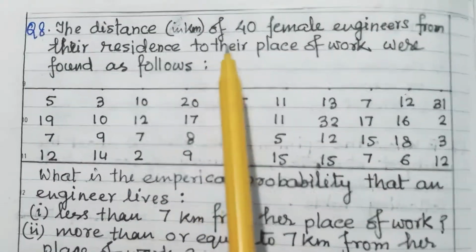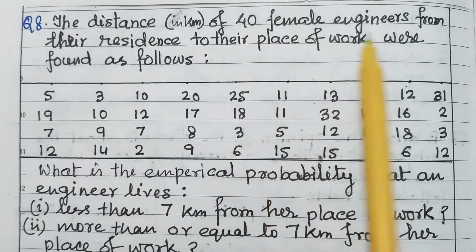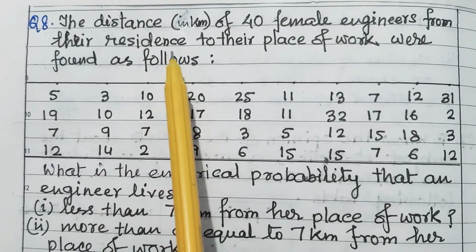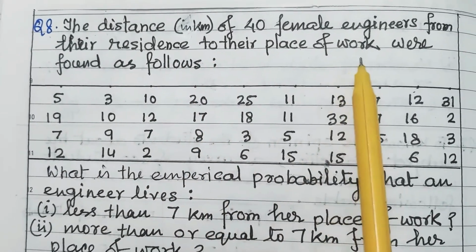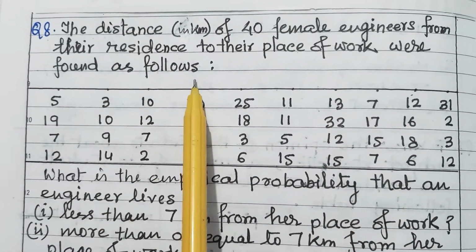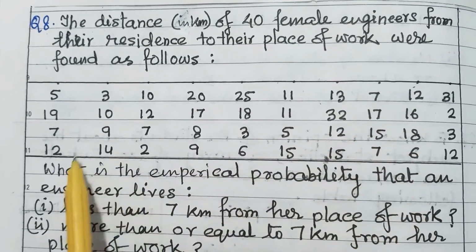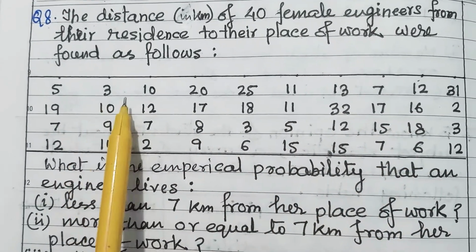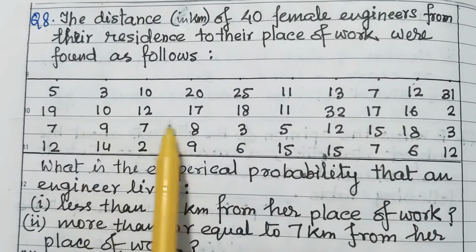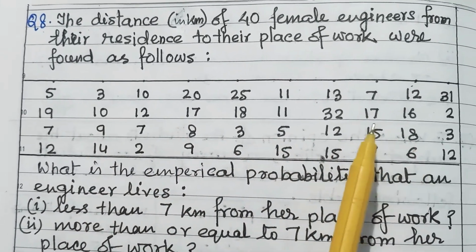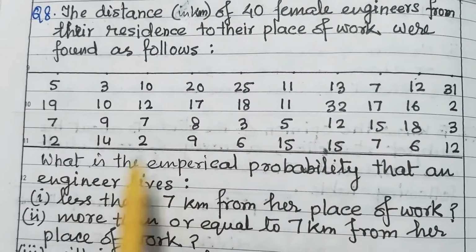Now question number 8. The distance in kilometers of 40 female engineers from their residence to their place of work was found as follows. So okay, these are the distances of 40 female engineers from their residence to workplace.